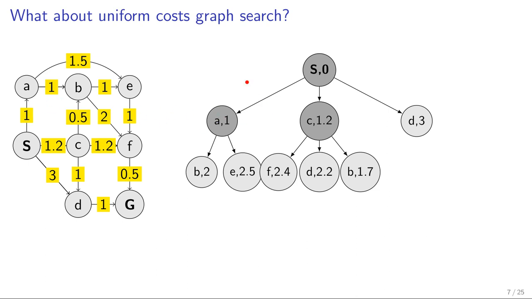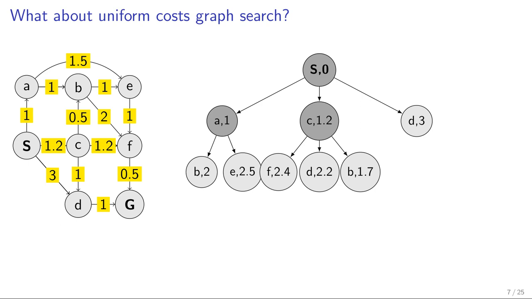So it costs 1 here, 1.2 here, and 3 here, and 3 is actually a lot. So D is here on the frontier, but it will probably remain on the frontier for quite some time because 3 is a big number, right? So it is on the frontier, but it's basically going to be last.